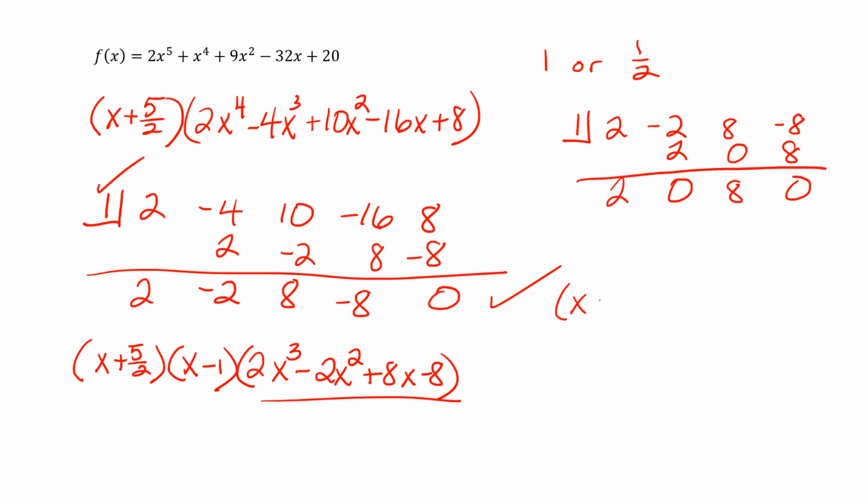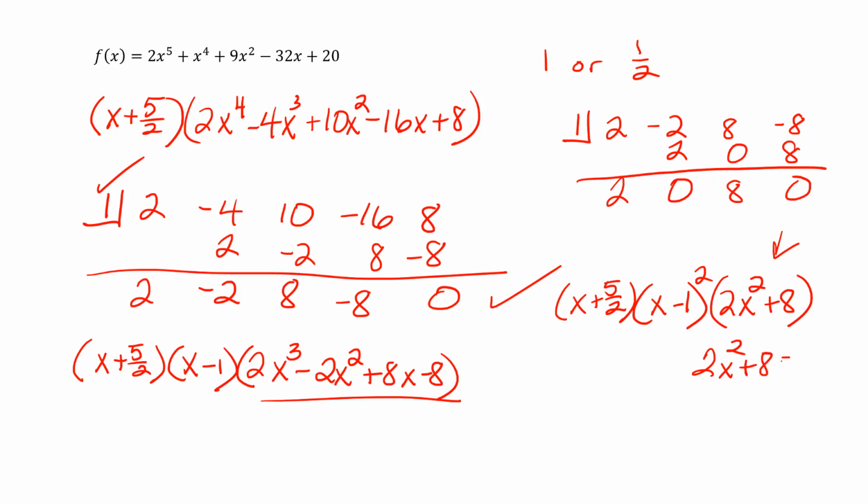So we have the factors x plus 5 halves, x minus 1. That happens twice, so I'm going to put a square sign there. And then what we have left is 2x squared plus 8. So this is the factorization that we have. And this quadratic right here, we can solve with no problem. 2x squared plus 8 could be 0, which means that 2x squared would be negative 8, which means x squared would be negative 4.